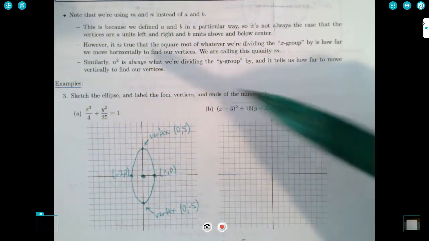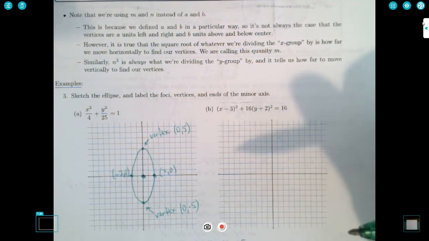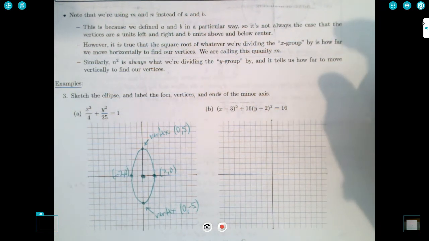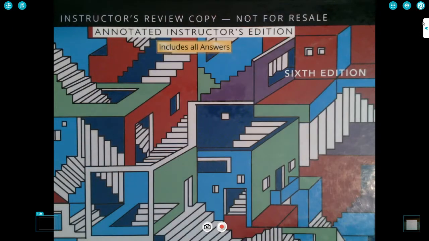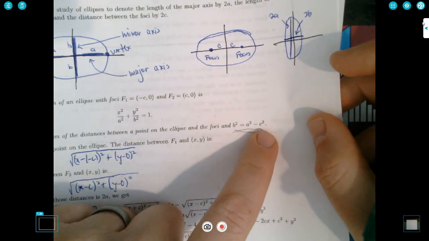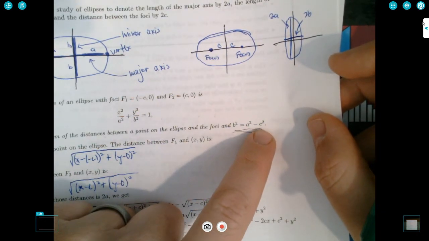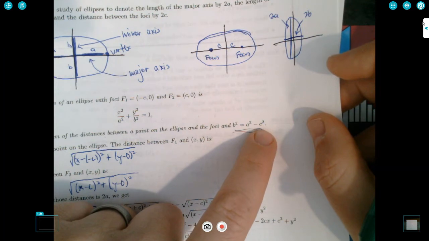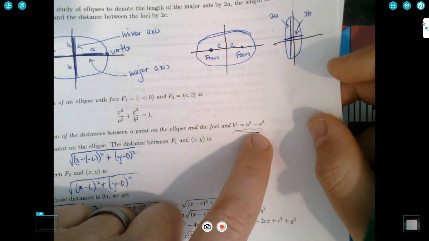But then we were also supposed to label the foci. Well, how do we do that? That's where this little fact comes into play. Remember that c is the distance from the center to the focus. And we know that b squared equals a squared minus c squared.